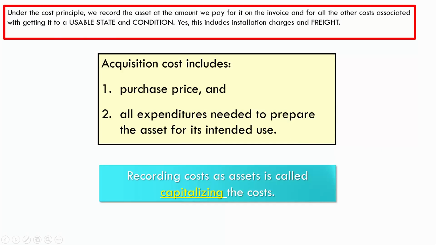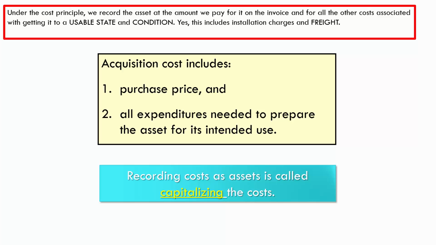Now, under the cost principle, whenever we purchase something, we put everything that gets it into a condition for use into that asset account. When we had inventory and we said the inventory wasn't in a state where it could be sold, and maybe an article of clothing needed to be cleaned, we capitalized the cost of cleaning it when we put it in inventory.